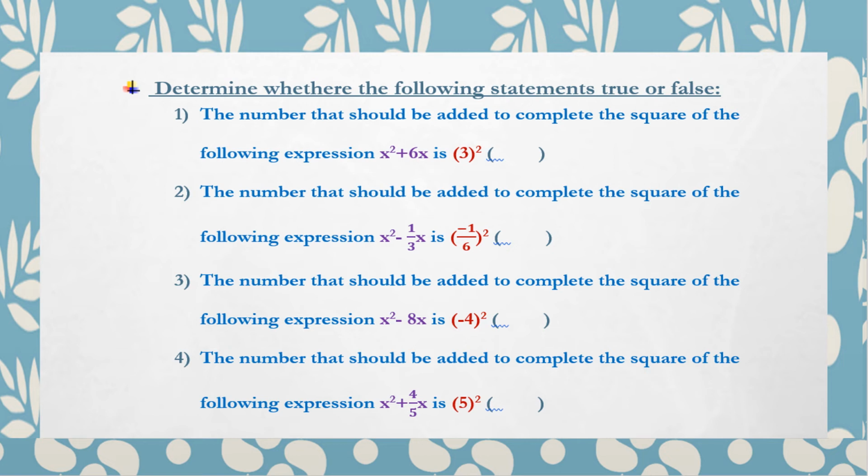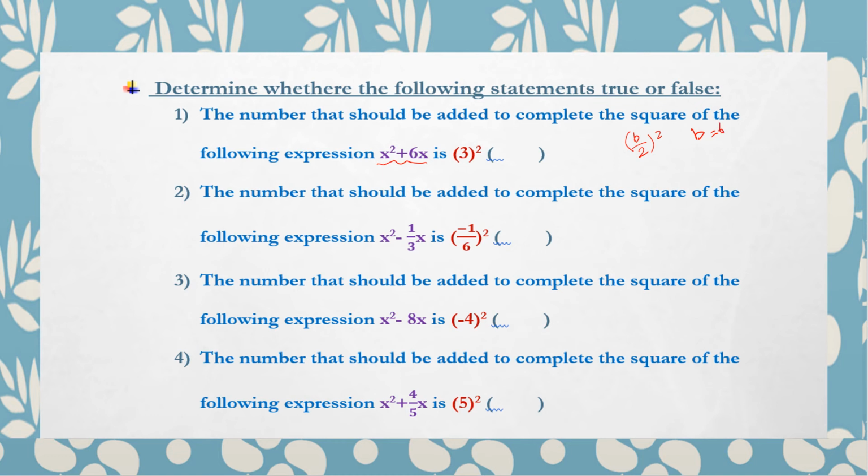The number that should be added to complete the square of the following expression is, this is the expression, x squared plus 6x. We should add a number to complete the square, and this number equals (b over 2) squared, and b here equals 6.